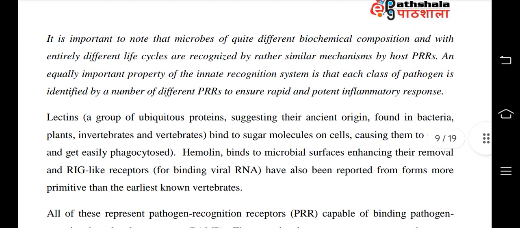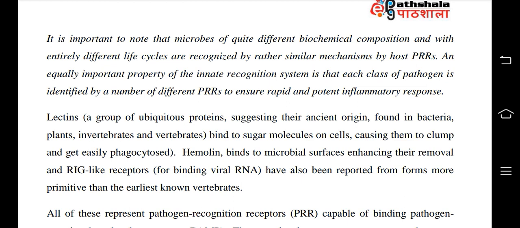It is important to note that microbes of quite different biochemical composition and with entirely different life cycles are recognized by rather similar mechanisms by host PRRs. An equally important property of the innate recognition system is that each class of pathogen is identified by a number of different PRRs to ensure a rapid and potent inflammatory response.